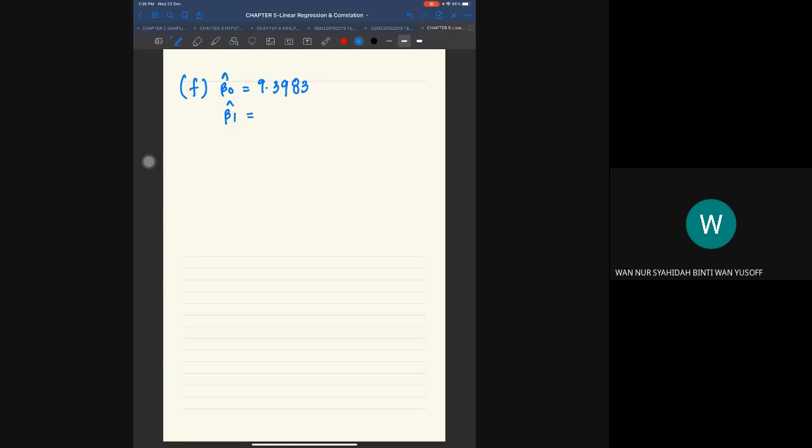The others, make sure you do the exercise. 5.1817. So when we write Y cap, if beta naught is positive, write it as it is; if negative, put the negative sign. So plus 5.1817 X.